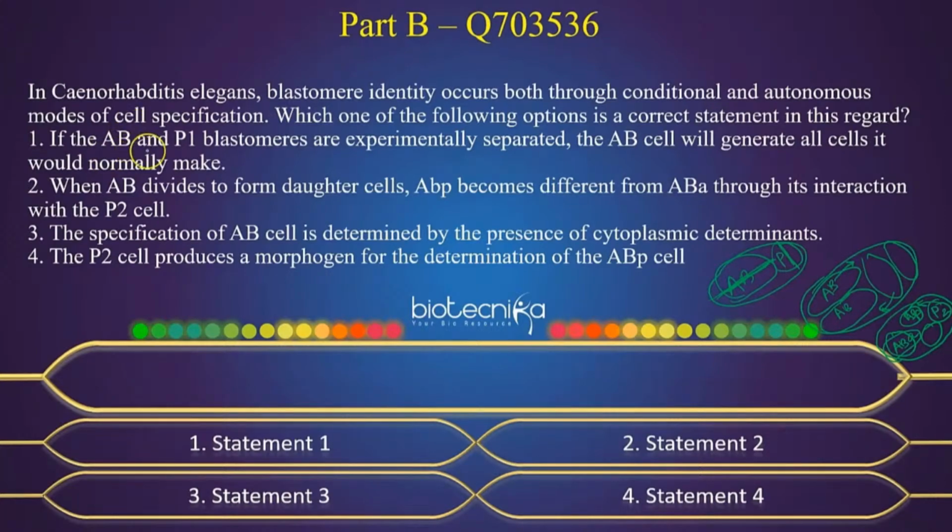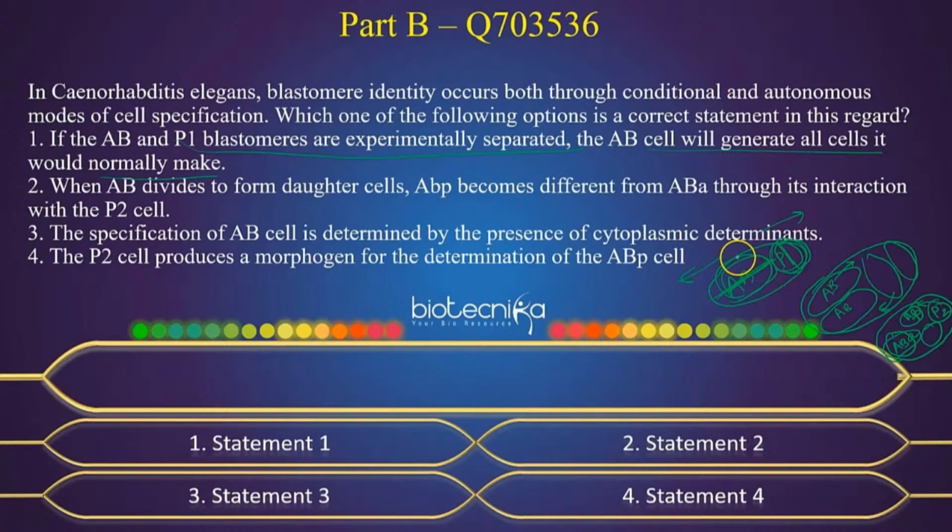If the AB and P1 blastomeres are experimentally separated, now P1 is this one and AB is this one. If they are separated, means the AB cell will generate all cells it would normally make. So AB cell is supposed to differentiate into ABP and ABA, but ABP will form only while getting signal from one of the daughter cells of P1.